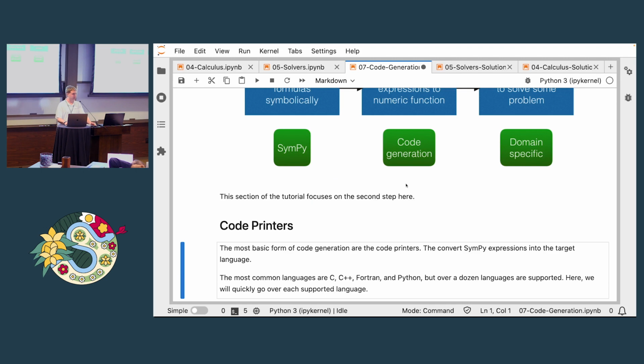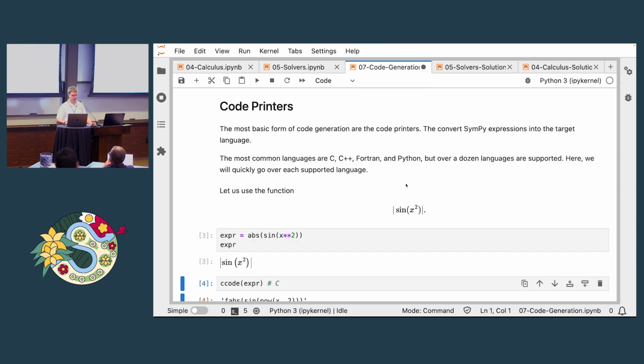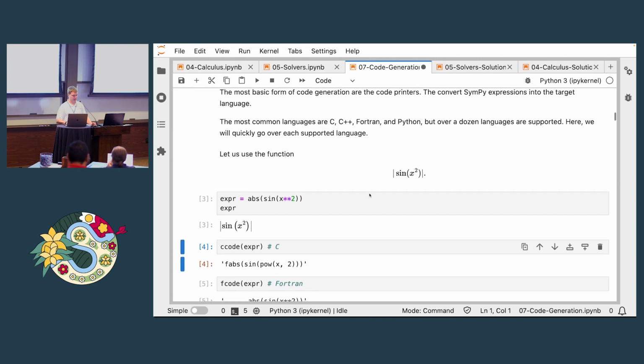The most basic form of code generation in SymPy are the so-called code printers. These just translate a SymPy function into a target language. Let's use this function, absolute value of sine of x squared, as an example, and we can go over some of the code generating functions.